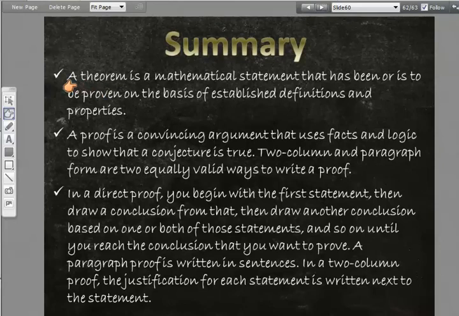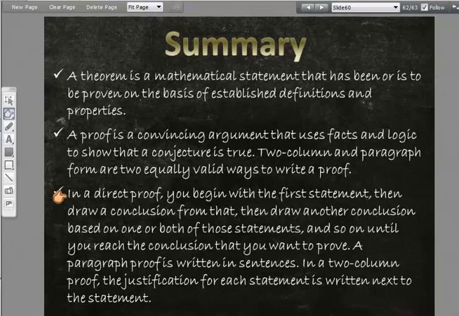Whew, a summary for this long video. A theorem is a mathematical statement that has been or is to be proven on the basis of established definitions and properties. A proof is a convincing argument that uses facts and logic to show that a conjecture is true. Two-column and paragraph form are two equally valid ways to write a proof.